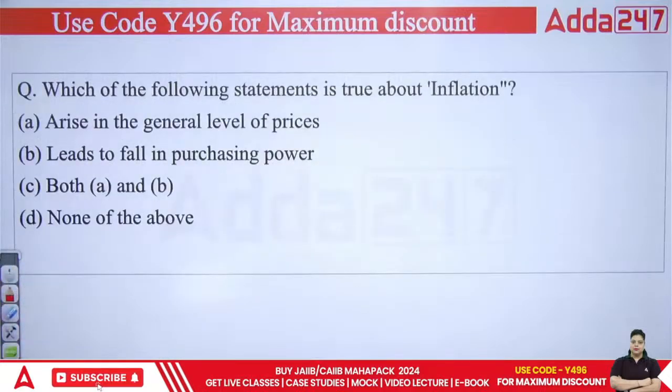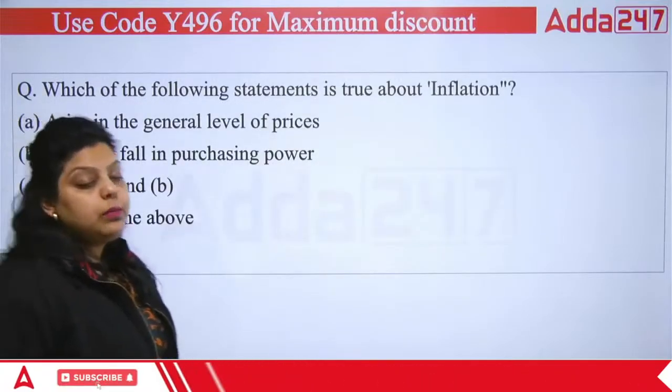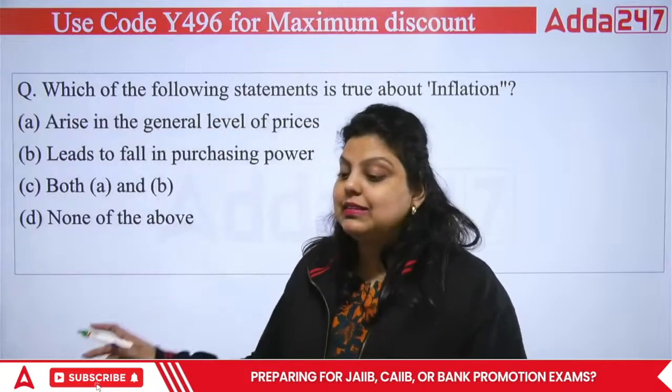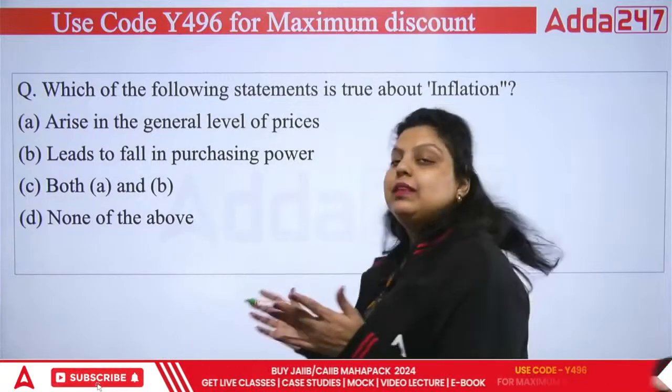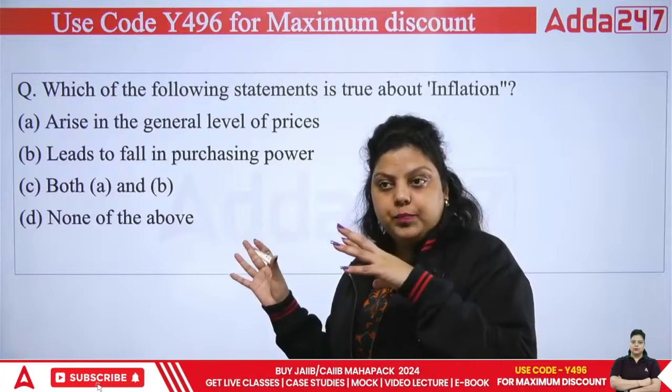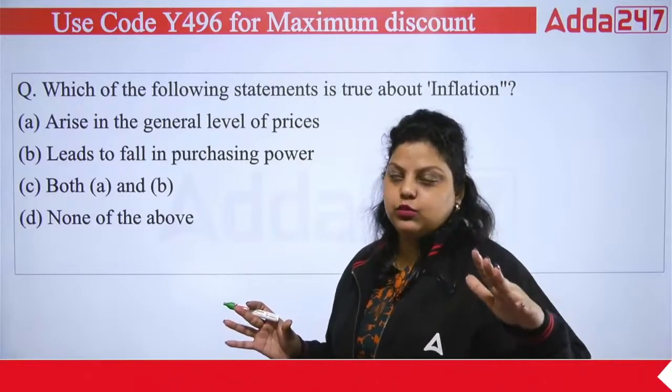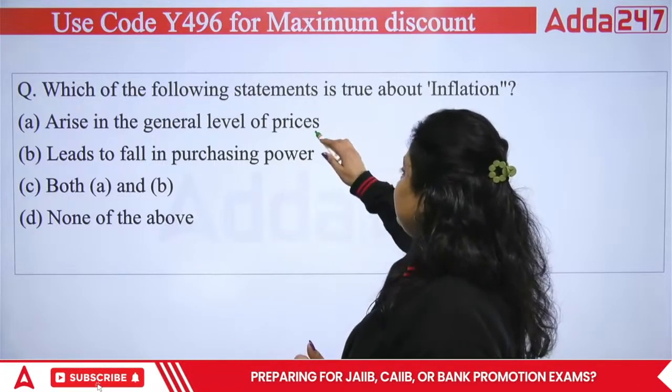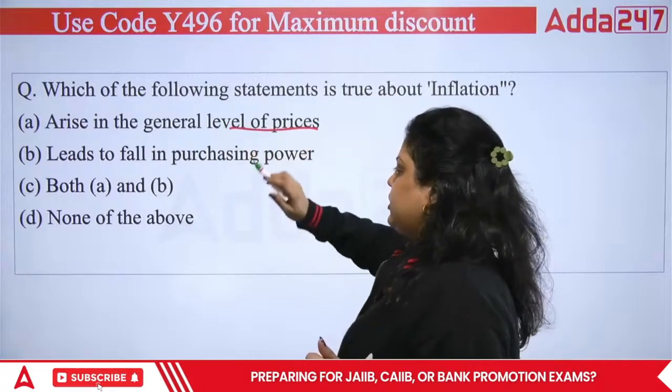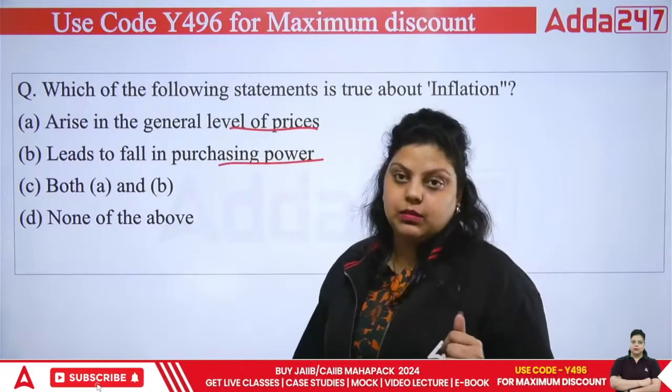Next, which of the following statements is true about inflation? So inflation, we have discussed, is a rise in the prices. And this happens when there is more demand in comparison to the supply. The first is saying a rise in general level of prices is inflation. Second is saying it leads to a fall in purchasing power.